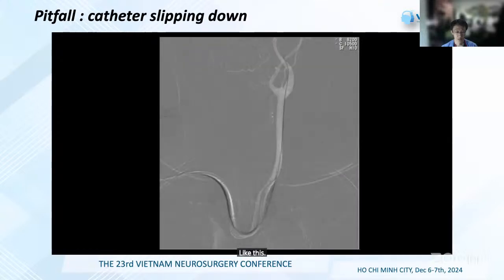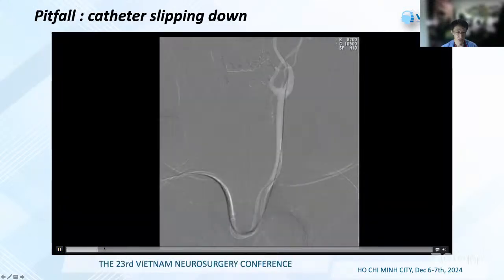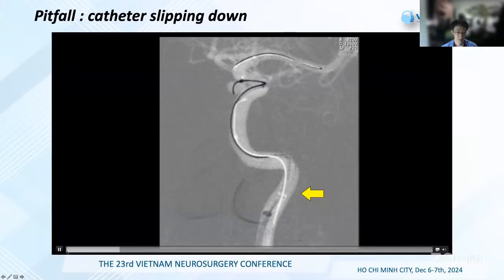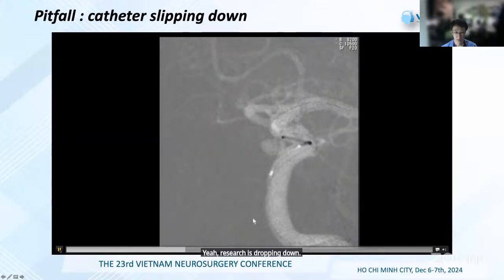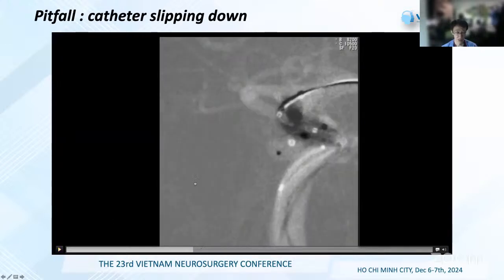Yeah, the Wrist catheter is dropping down. And here we inserted the WEB device.